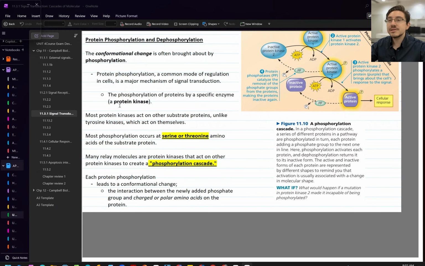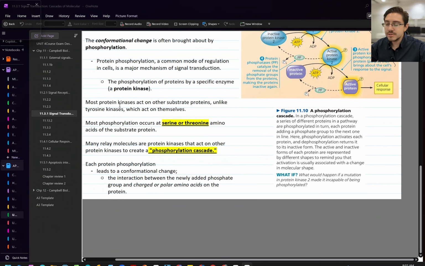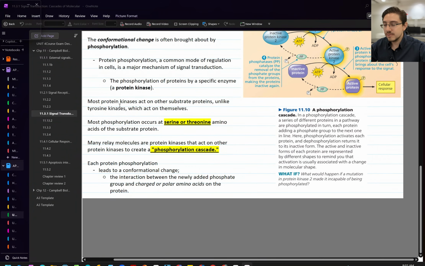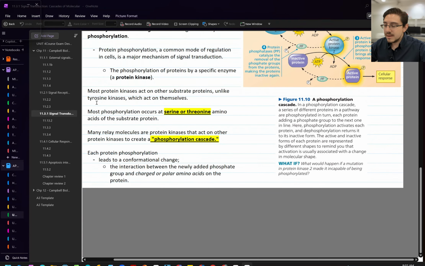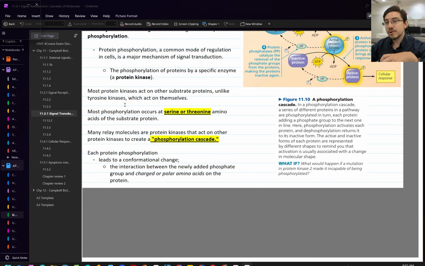It could be another kinase, it could be another protein that you need. But what you need to understand is protein kinase. So these protein kinases can act on other proteins, as I mentioned before. They could be substrates, they could be other kinases, and so forth.